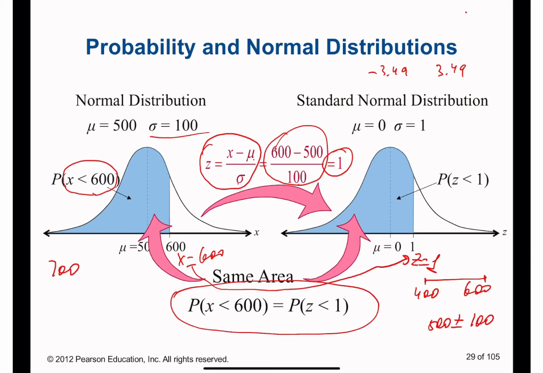So what am I doing? I'm converting this x equal to 700 to a z-score through the formula z equals x minus mu over sigma, and I get whatever the z-score is. Based on this z-score, I go to the table and find the probability. What is my chance of success?